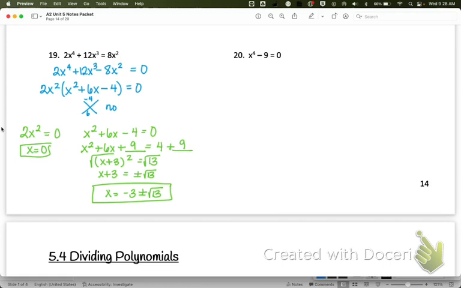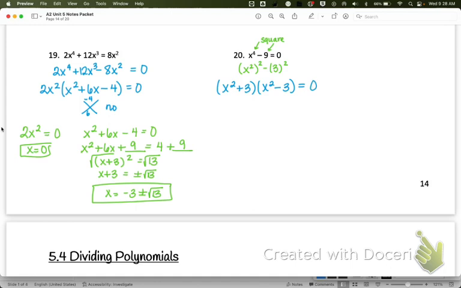X to the 4th is an even power, which means it is a perfect square. And lucky for us, 9 is also a perfect square. So that's how this is going to work. This is x squared squared minus 3 squared. So this factors to x squared plus 3, x squared minus 3 equals 0.